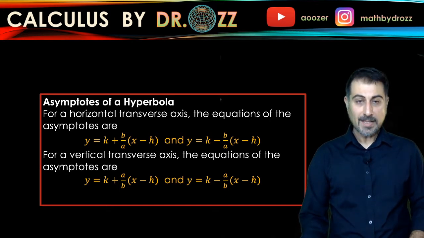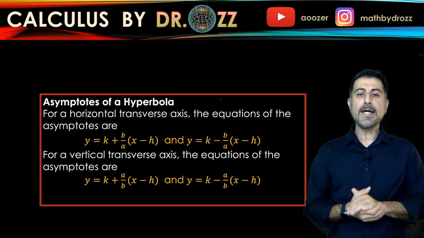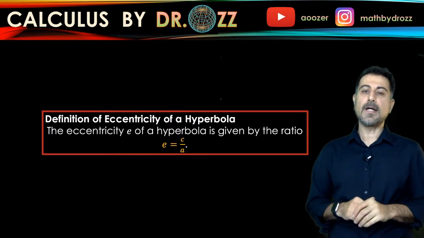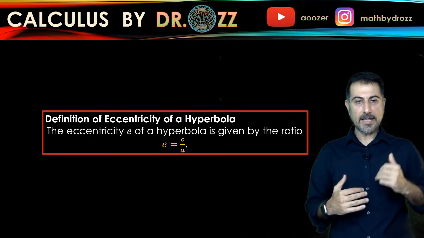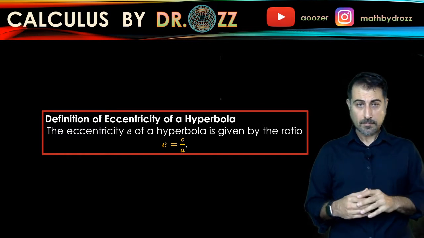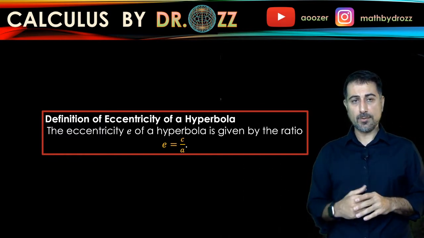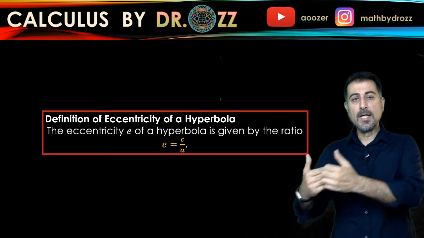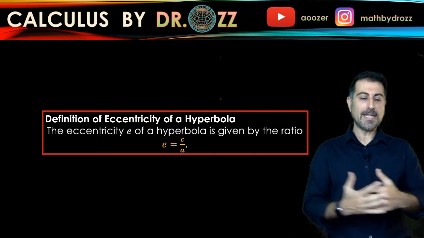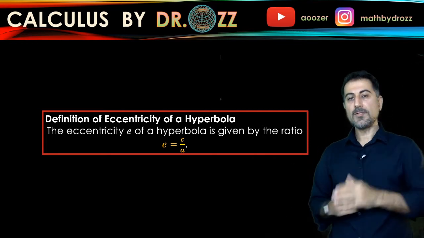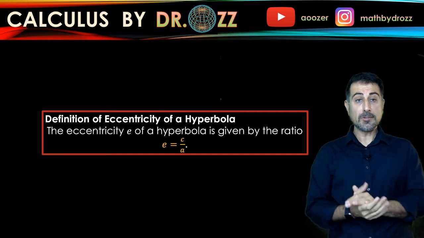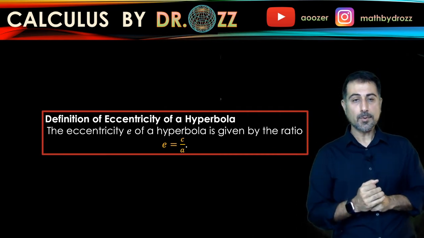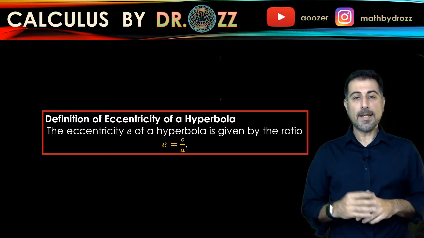Lastly, you have the eccentricity of the hyperbola, which is essentially the ratio between c and a. Once you come up with a and b, you use the equation relating a, b, and c to find c, and then this ratio tells you the eccentricity. All right, this was a long intro already, but those three slides are important. Please have them ready, and I'm going to mention them in the video again.